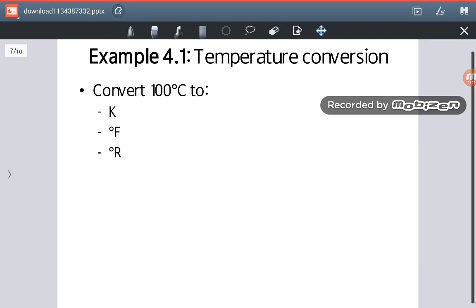So let's just start by doing some examples here in terms of temperature conversion. Okay, so the question asks to convert 100 degrees C to Kelvin, Fahrenheit, and also Rankine. My question is whether this is a temperature degree or a temperature difference.